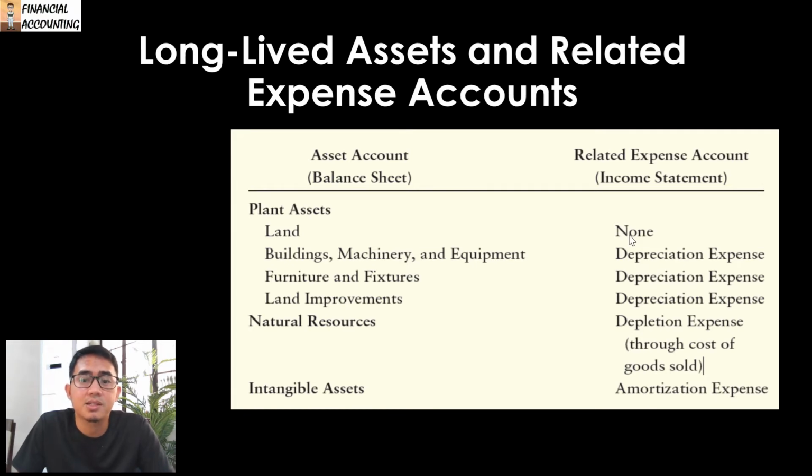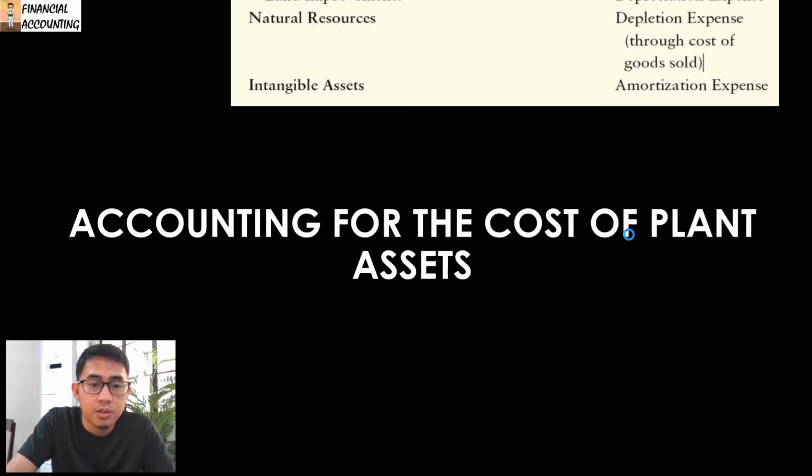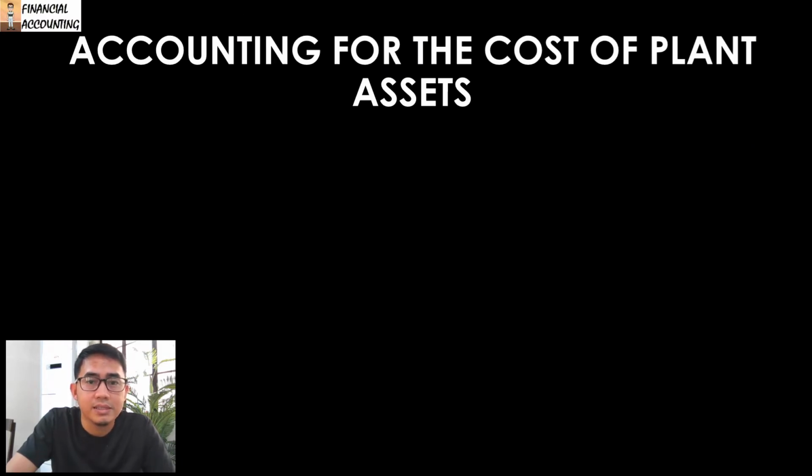Even copyrights, like for a song, if the singer dies, there is a number of years after which the copyright would be of no use, meaning anybody can already copy the song. Okay, so those are the long-lived assets.